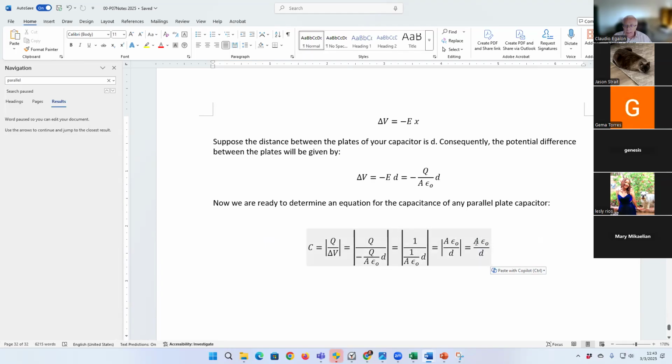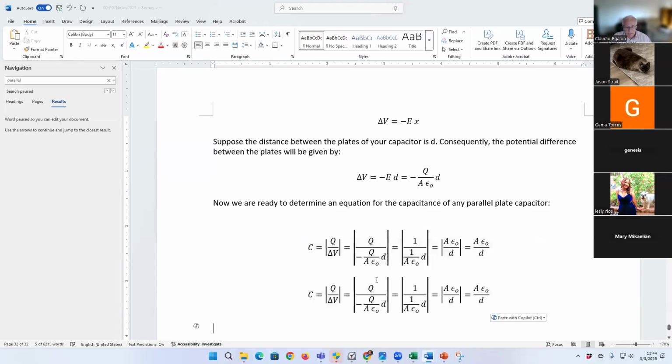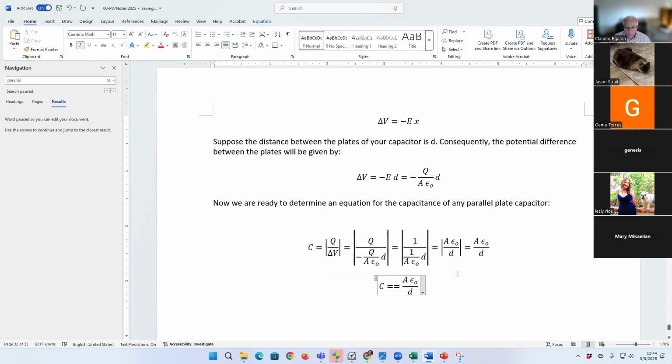The larger the area, the larger the capacitance. The smaller the separation between the parallel plates, the larger the capacitance. Note, remember, this is for the parallel plate only. Okay.